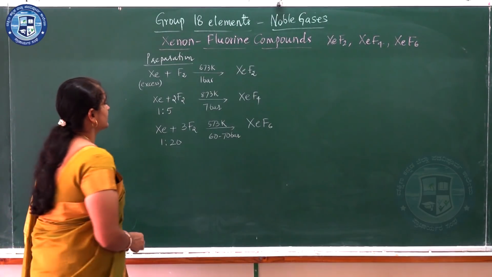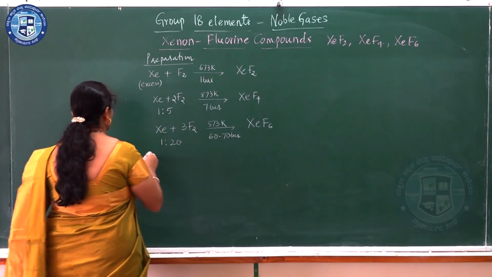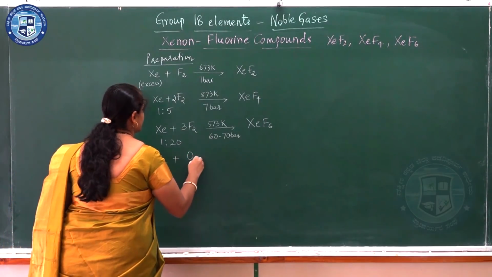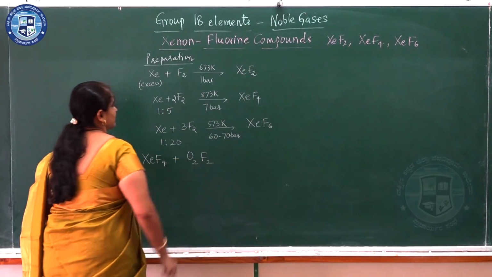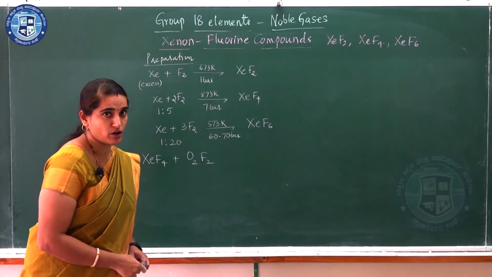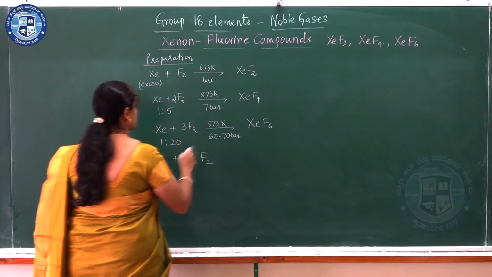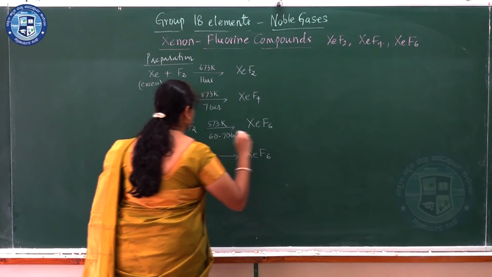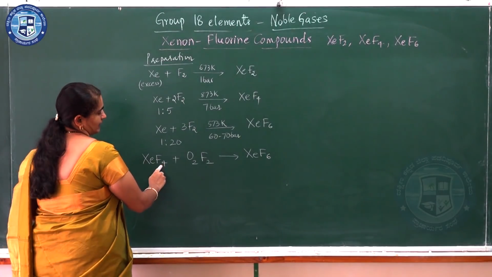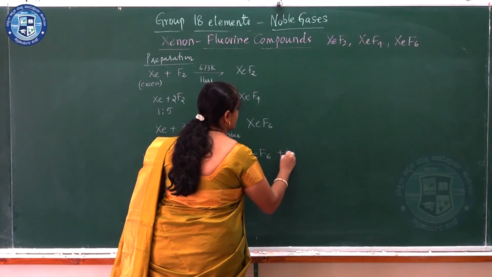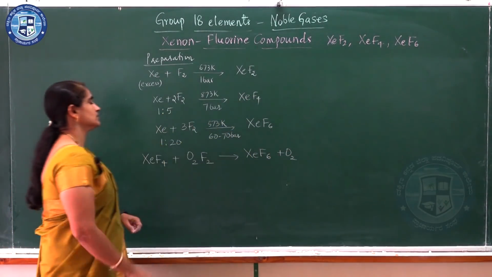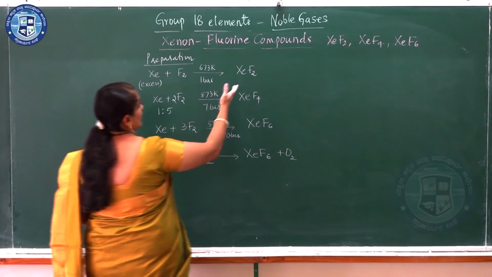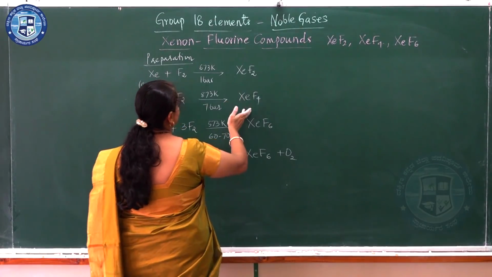You can also get XeF6 if you take XeF4 and treat it with O2F2, dioxygen difluoride, an oxide of fluorine. I will end up with XeF6 plus O2. So, these are a few methods of preparing compounds of xenon with fluorine.